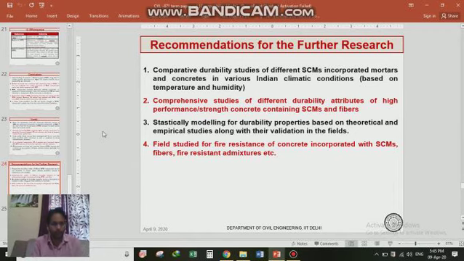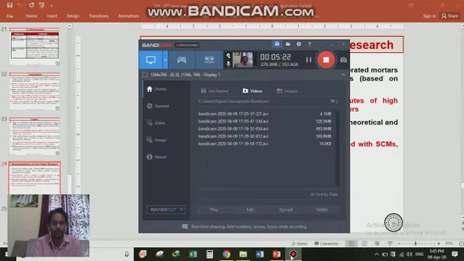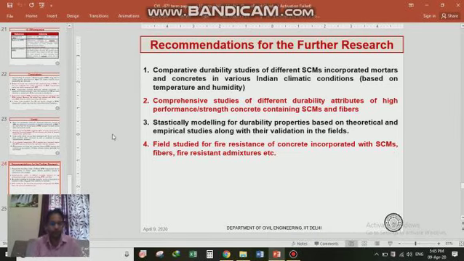Further field studies for fire resistance of concrete incorporated with SCM, fiber and fire resistant admixtures, etc. can be done also, and a lab and a field study after firing at a building level.